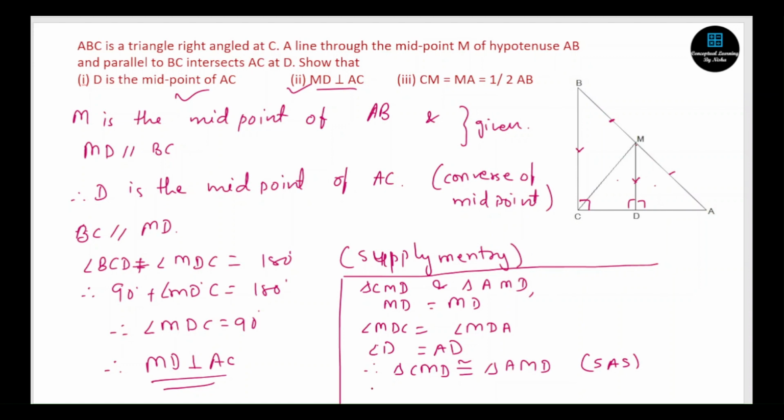So therefore what I can say, AM is equals to CM. Correct? And AM is midpoint of AB. So AM is half of AB. Correct? So this is by CPCT. Okay. So we proved it. The third result also. Right? Great.